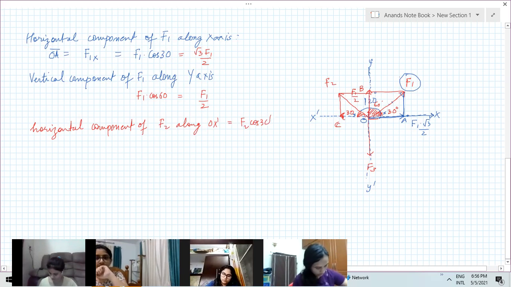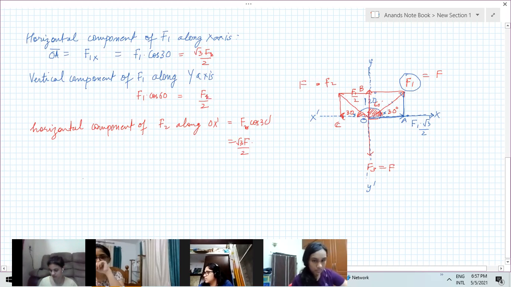But we know that all the three forces are the same, so we can call this F, this F, this F, because everyone is K capital Q into small q divided by L by root 3. They're all the same. So we will call this F cos 30. This will be F into root 3 by 2, so root 3 F by 2. This is also root 3 F by 2. This is F by 2, right?